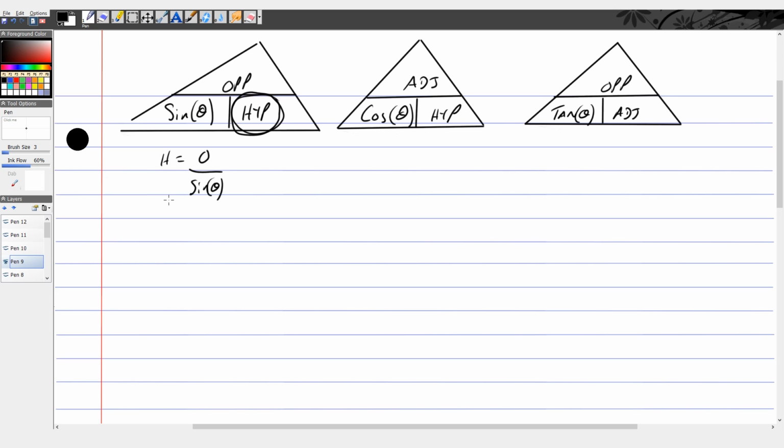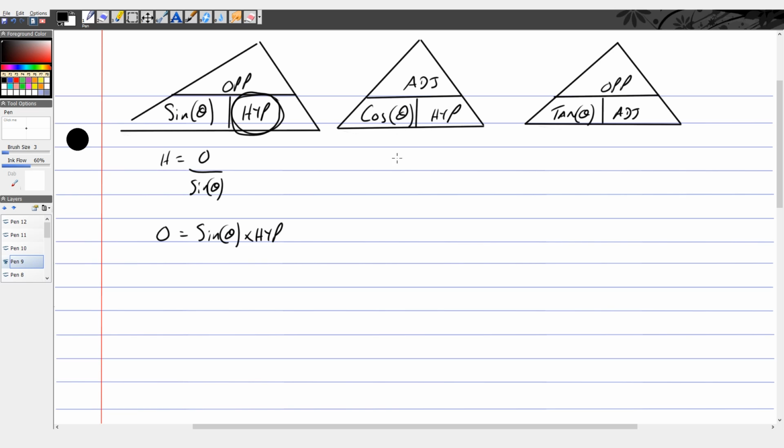If you wanted to find out the opposite side, then because sine theta and hypotenuse are next to each other in this triangle, you multiply them. So the opposite would be the sine of theta times the hypotenuse.